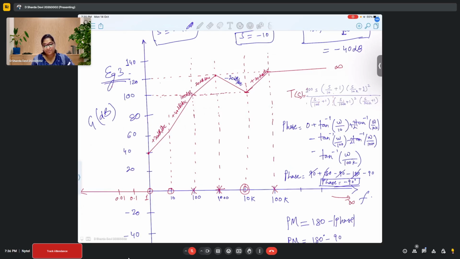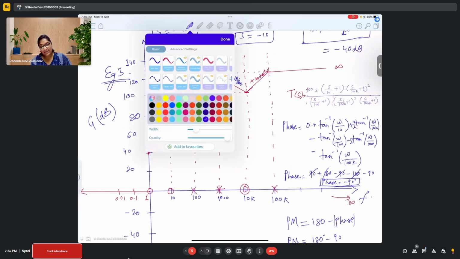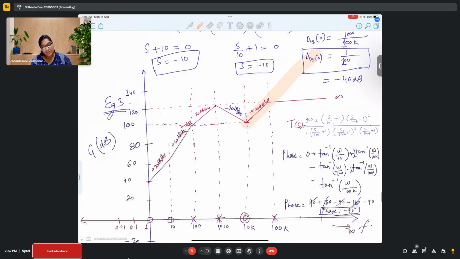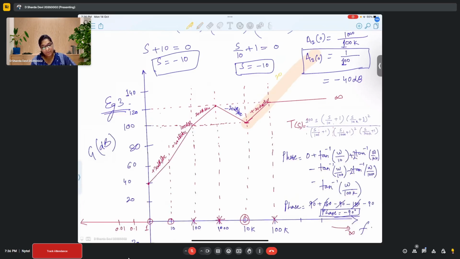Your question is, let's say I have this only, and it is continuously increasing with a slope of 20 dB per decade. Then definitely for infinite frequency, this will reach infinite gain. So will we call it a stable or unstable system?